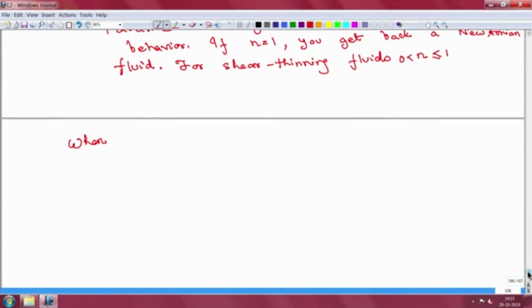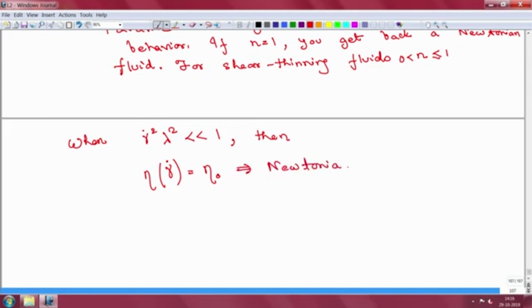From the mathematical model, when this term is much less than 1, then eta is more or less eta naught, or you get a Newtonian behavior for small enough shear rates. It is not exactly equal, but it is approximately equal to eta naught.